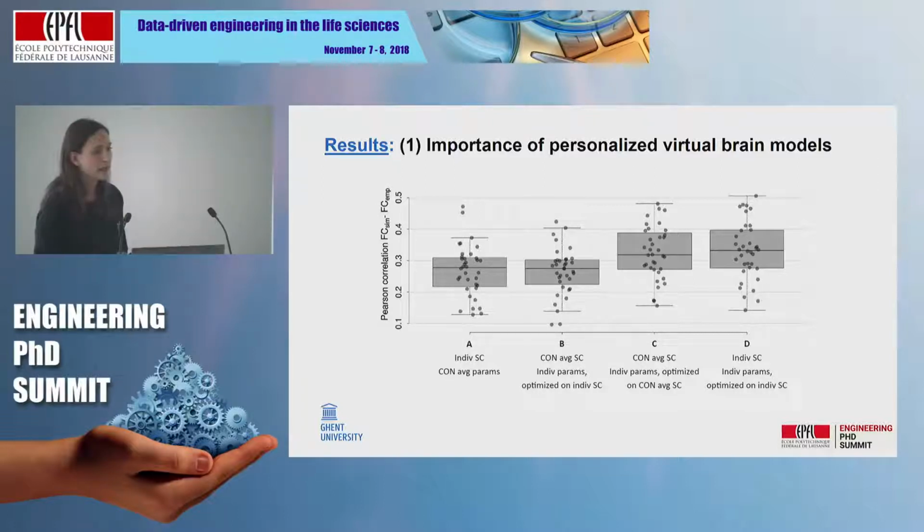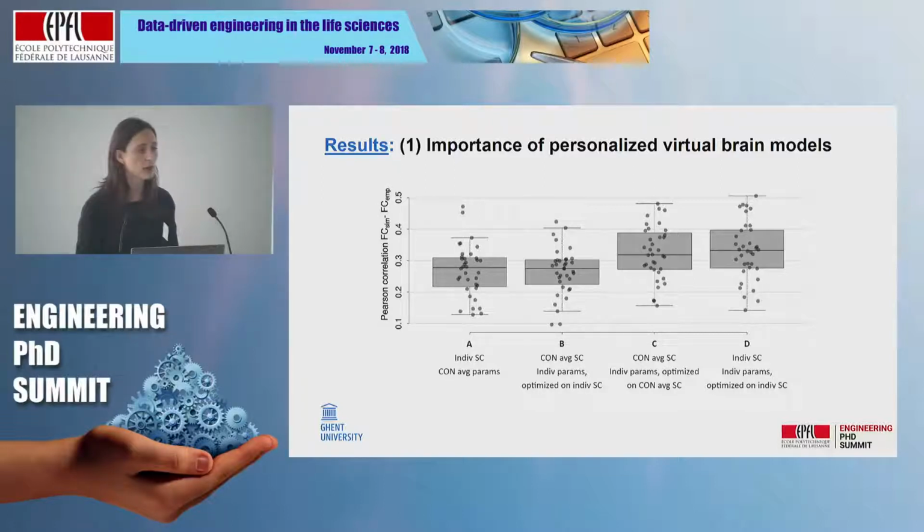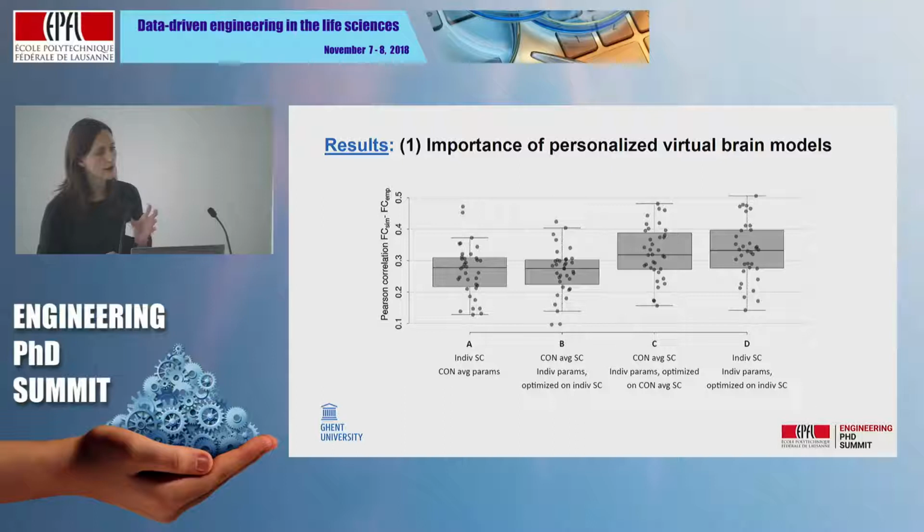But this is something that has been found in other computational modeling studies as well. And a study dedicated to this problem has shown that it might be related to the fact that the variability in structural connectomes between subjects is much smaller compared to the variability in functional connectivity. So this might be an explanation for this finding.